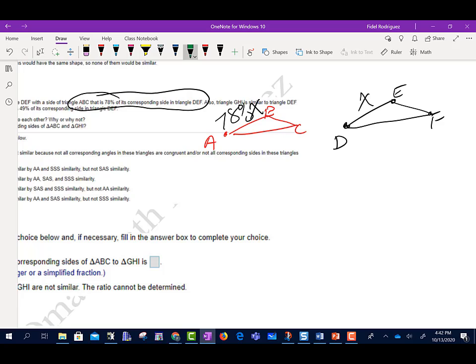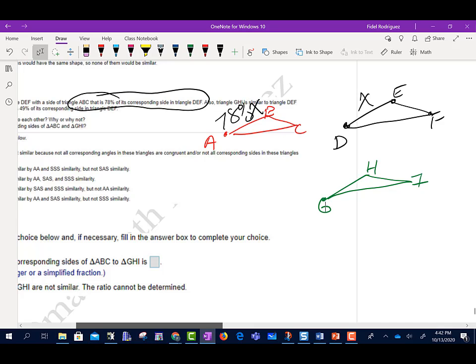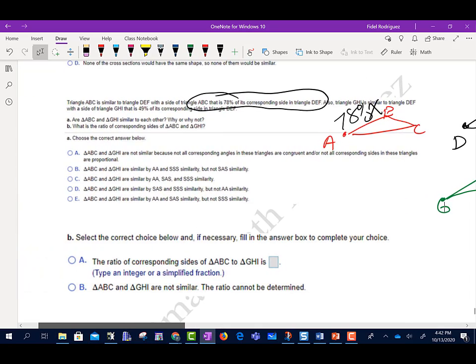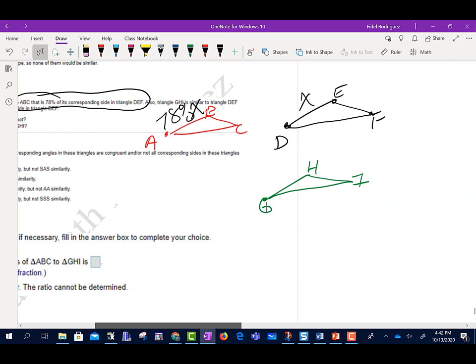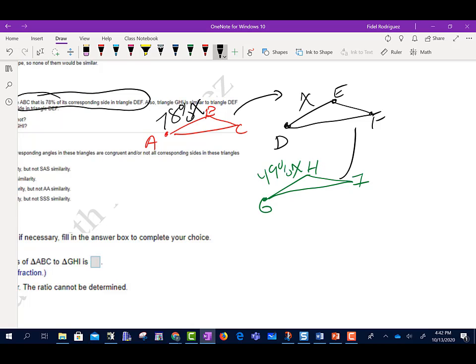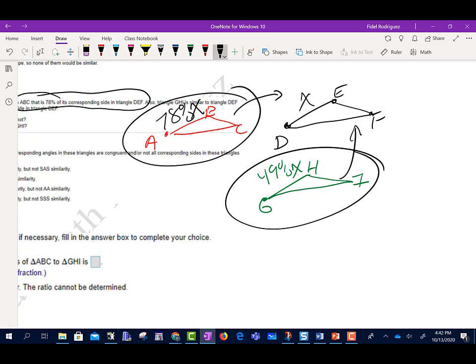And it says triangle GHI is similar to triangle DEF. So I'm going to draw another triangle GHI that's similar to triangle DEF. And it says one of the sides of GHI is 49% of the corresponding side in DEF. So this side is going to be 49% of X. So we know that these two triangles are similar, and we know that these two triangles are similar, and now it's asking, would these two triangles be similar?